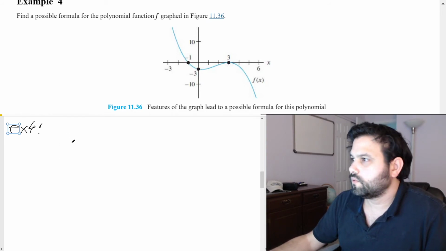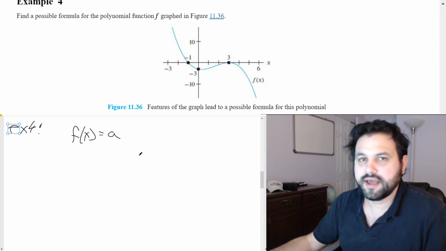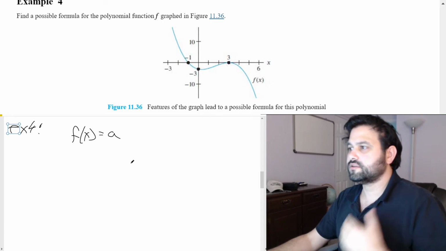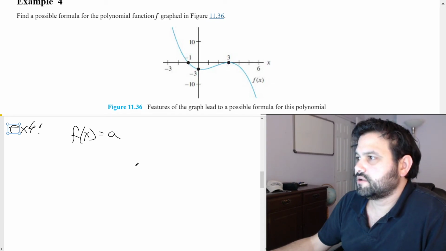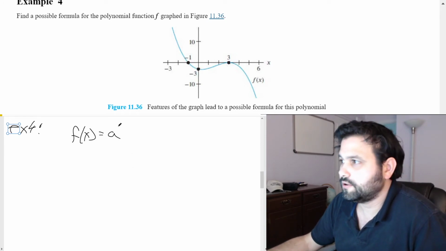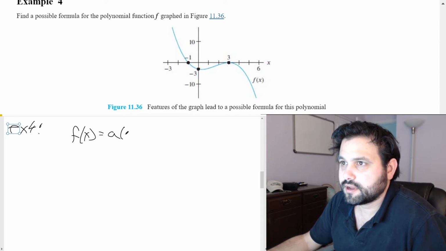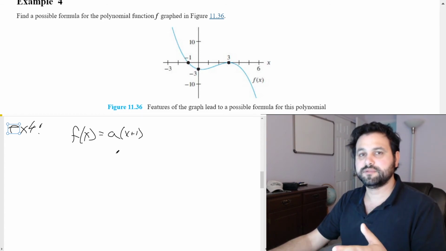So this is f, so f of x equals, start with your a, and then start writing your zeros. I notice the 0 at -1 just crosses normally. So I'm going to put x plus 1, right? Because if the 0 is at -1, my factor is x plus 1.